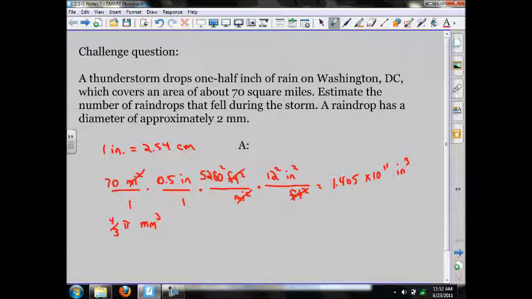We want inches, so we know there are 10 millimeters in 1 centimeter. Cube, cube, cube. And we have 2.54 centimeters in an inch. And that would give us the volume of a raindrop measured in cubic inches.